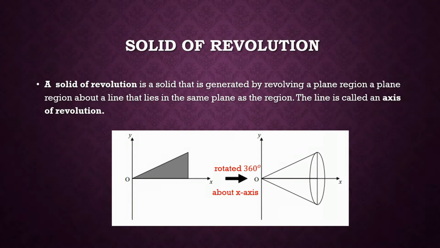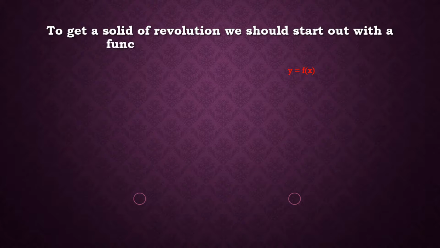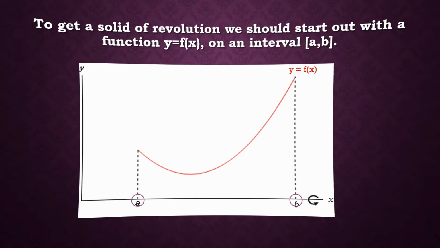The line is called an axis of revolution. To get a solid of revolution, we should start out with a function y equals f(x) on an interval a to b, just like the graphs shown below.